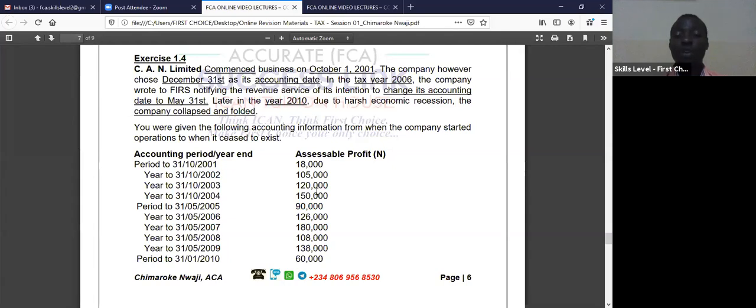So it is not your business to adjust it to December. How do you do it? That's a skill you need to acquire in this question. Here, they now change to May 31st. So you can see that they have actually changed, and they now present it accordingly.